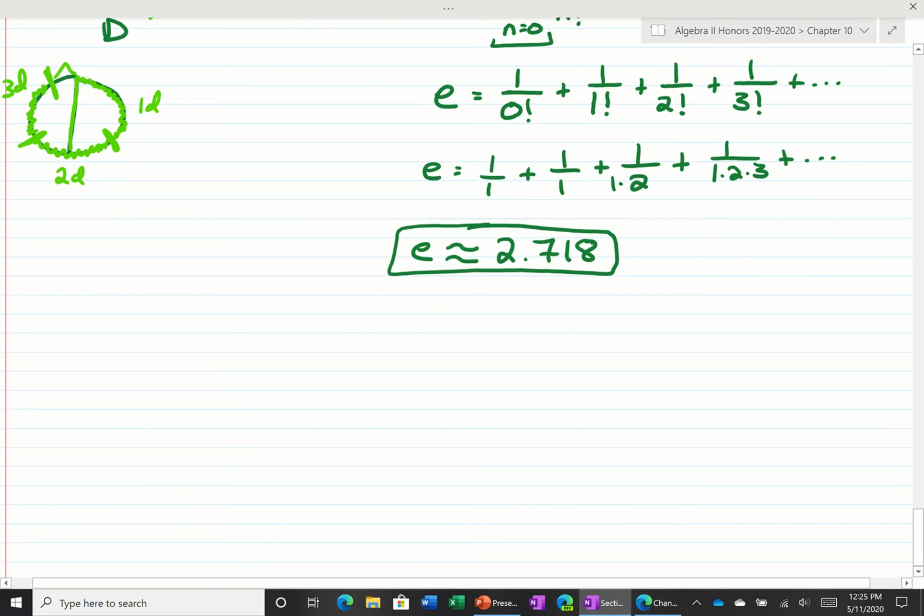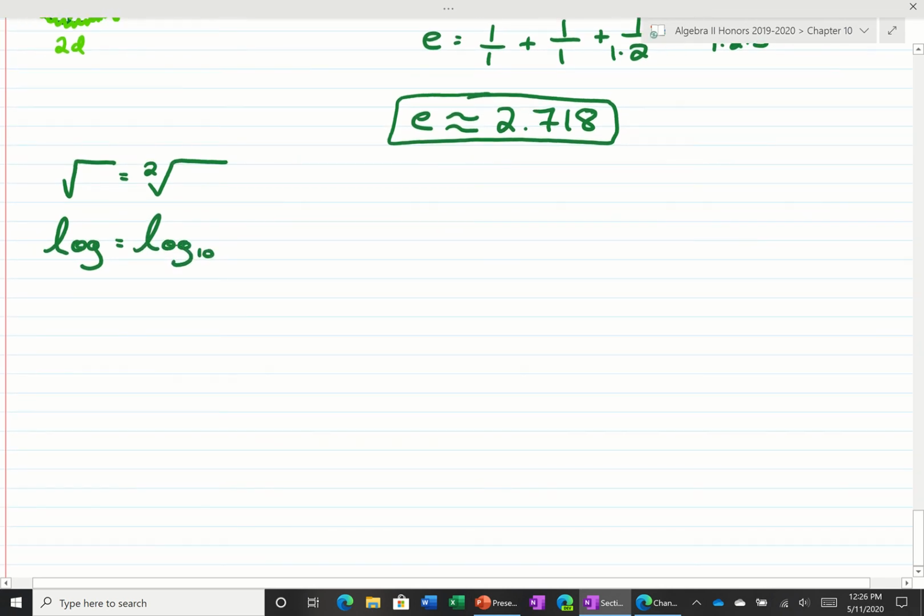All right, so that's one thing that I would like you to know. And we actually have a log with a base e. So you know that square root really means the second root. You know that log really means log base 10.